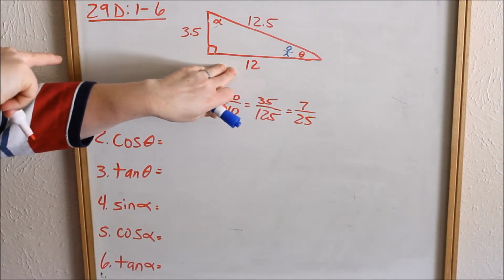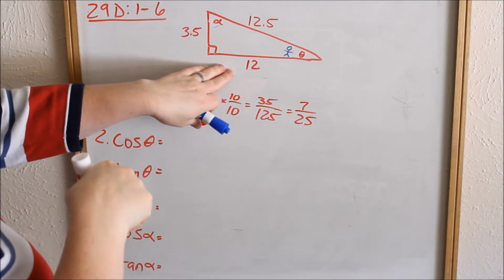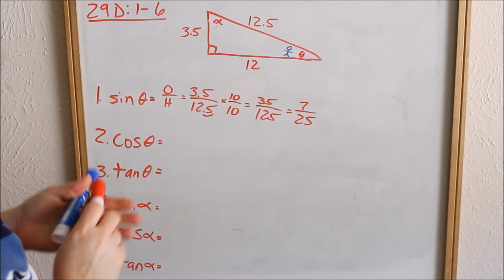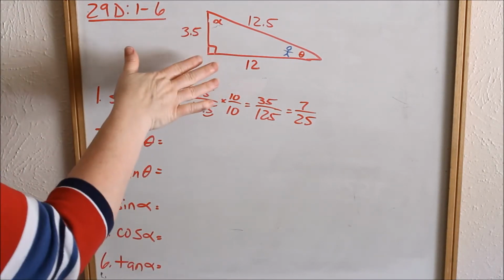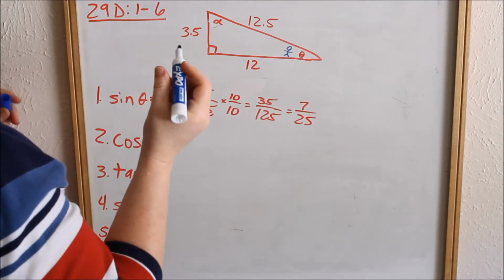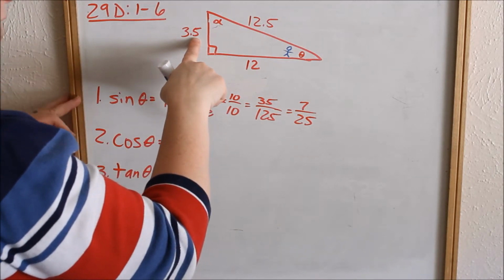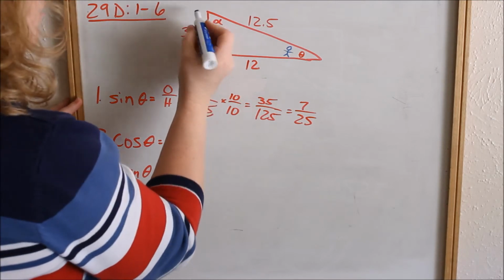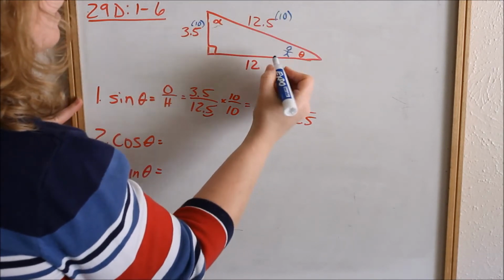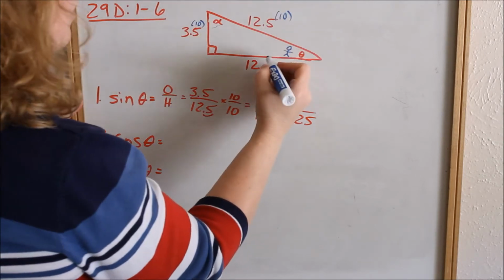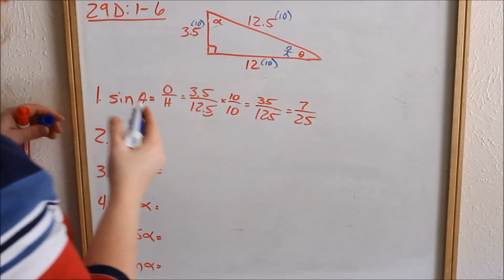Before I go on to the next one, I want to show you up in your picture. Can I still see the picture? I want to show you how to get rid of the decimals in your picture so you don't have to do this every time. When you see decimals in your picture, just go ahead and get rid of the decimals. You see that it has 1 decimal place, so you need to multiply every number by 10. If you do it to 1, you have to do it to all 3, so it would be like a similar triangle.